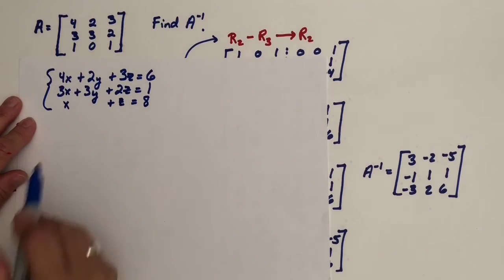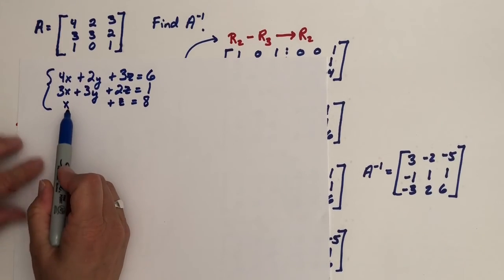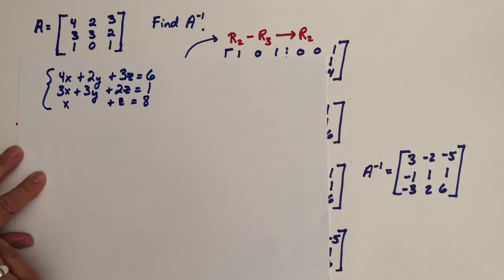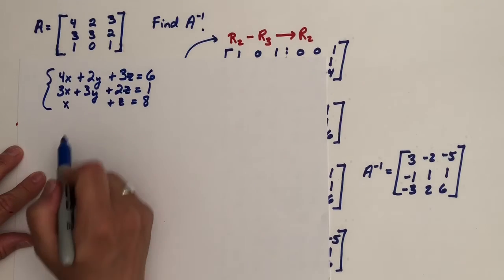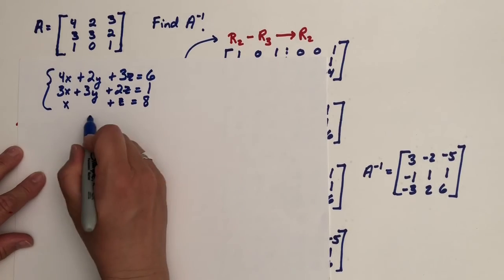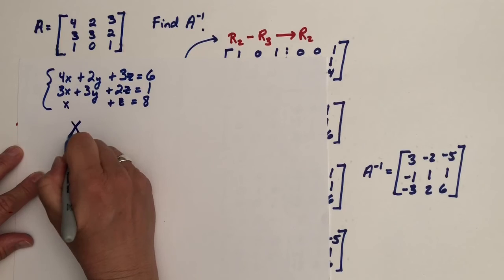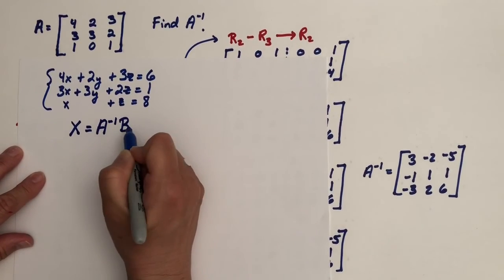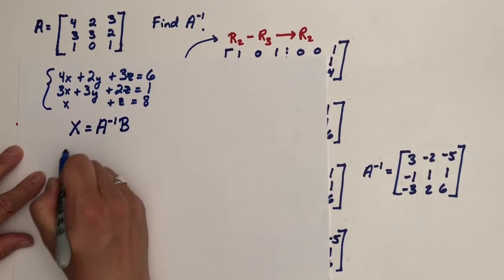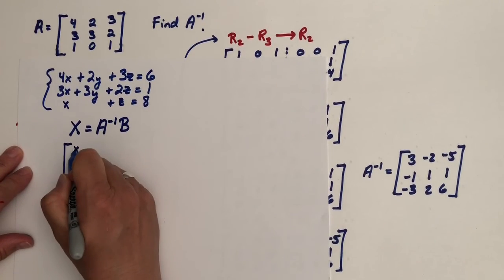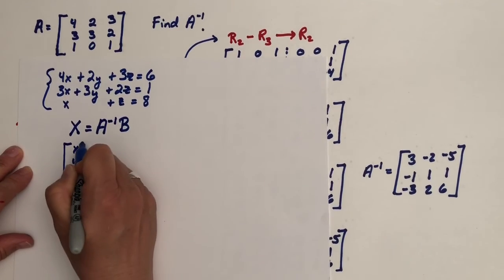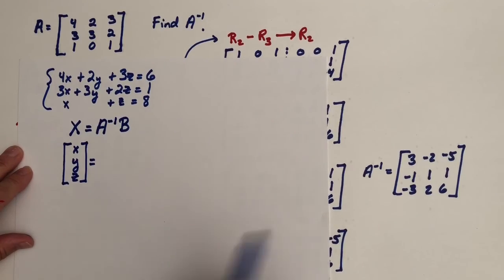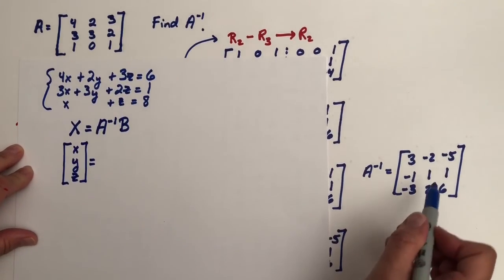Now notice I let A equal the matrix that comes from the coefficients of our variables. So our solution to this system can be found by multiplying A inverse times B. That means X, Y, and Z would equal the product of A inverse, here's our A inverse over here.